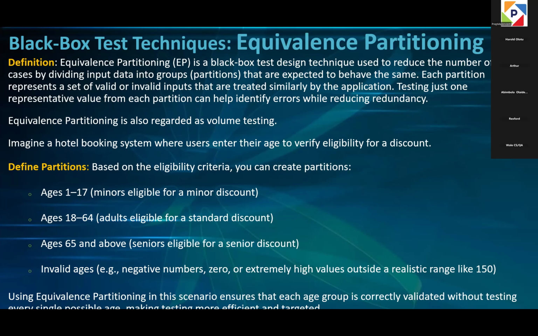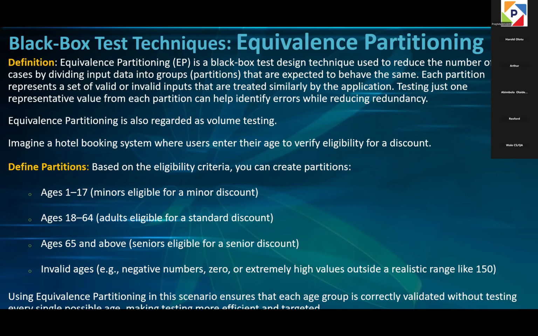For example, there will be different discounts for different age ranges. That's what equivalence partitioning entails. For example, you would not, as a matter of fact, give the same discount to the children that are between the ages of 1 year and 17.